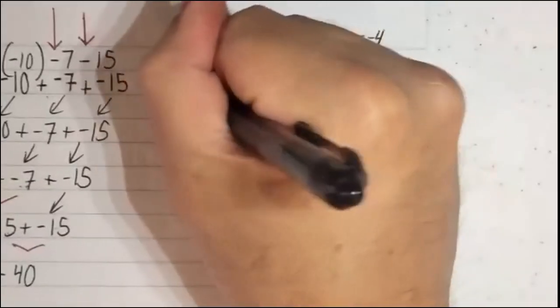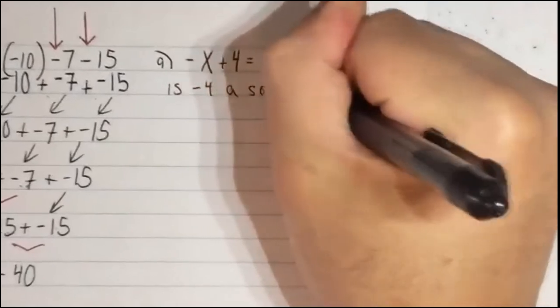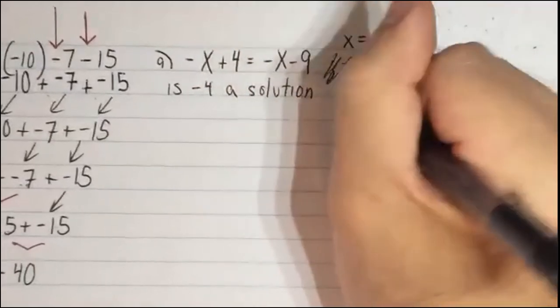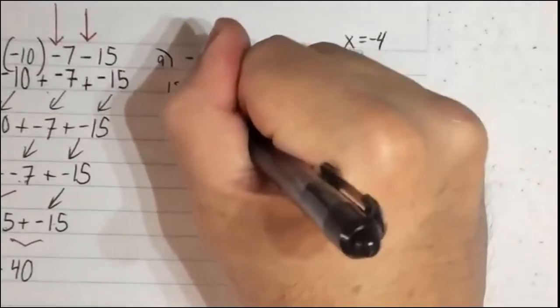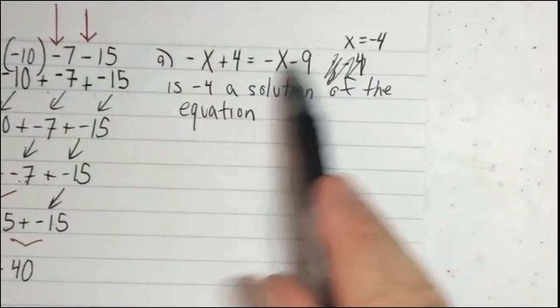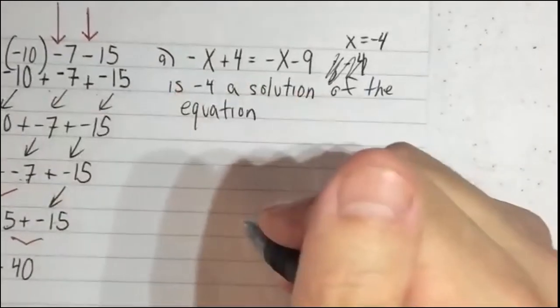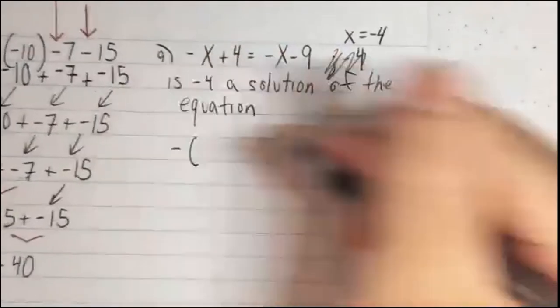Then it will write out: is negative 4 a solution of the equation? So what you're doing is substituting wherever your x value is with negative 4, and you've got to be real careful here.